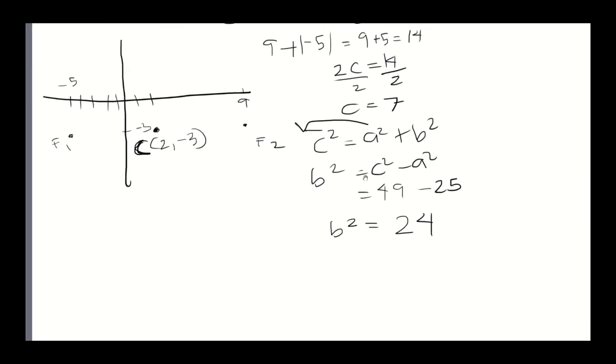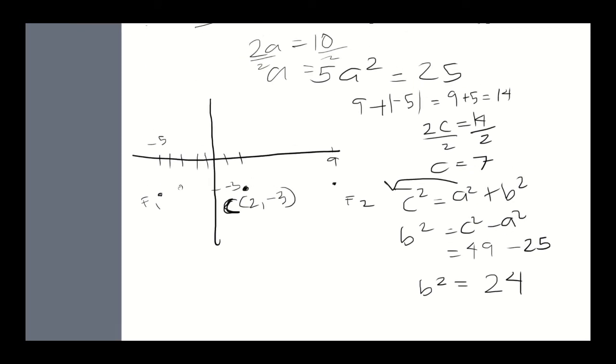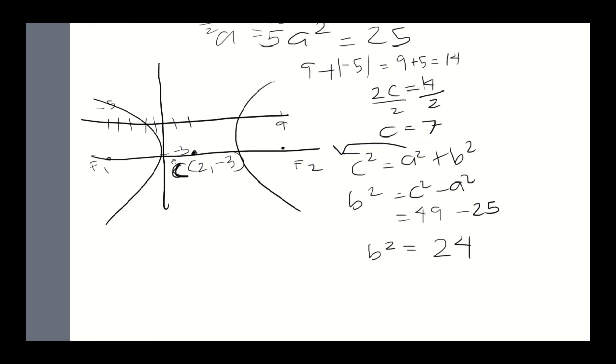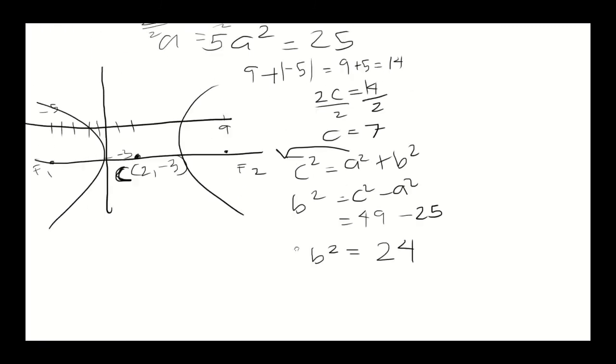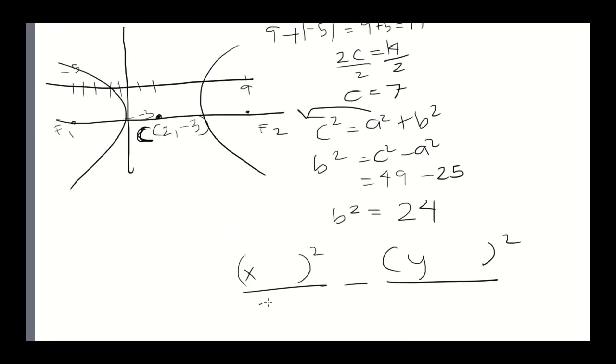Now we have all of that, so we just need to determine if the equation is x or y axis major. What is the major axis of it? The major axis goes through the foci, so that's how the hyperbola looks. So it is an x major axis: x squared over a square, minus y squared over b square. a square is 25, b square is 24.